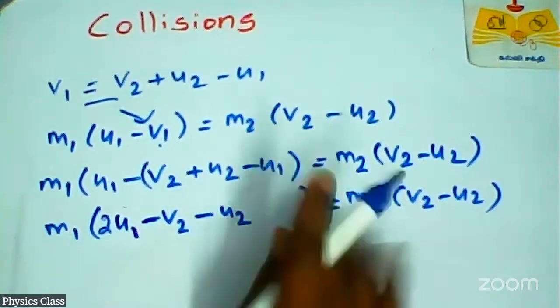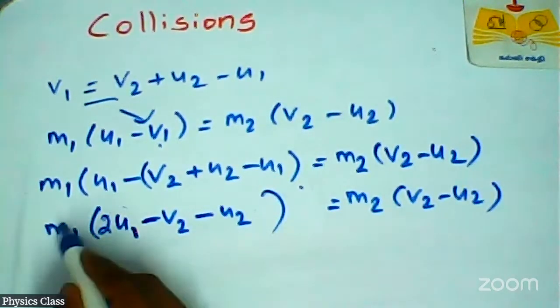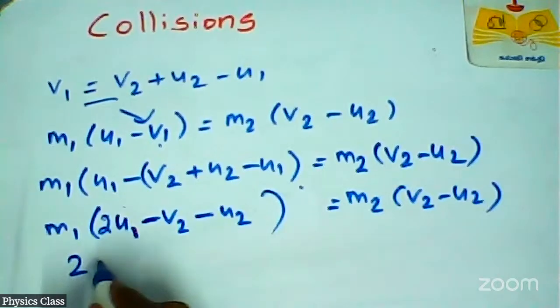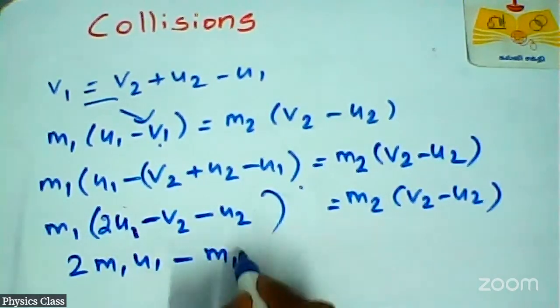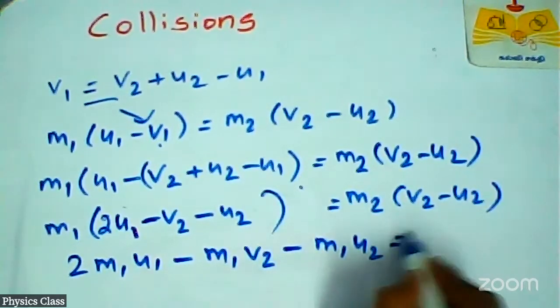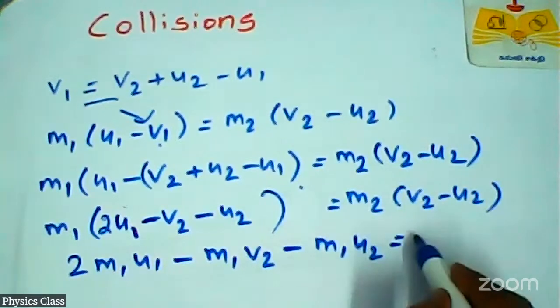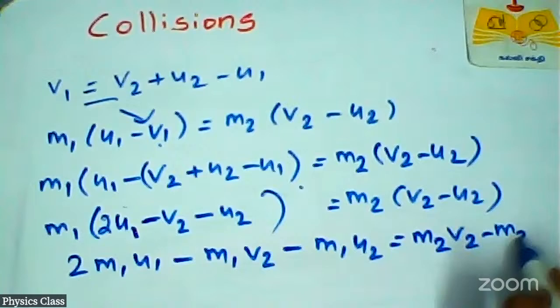So m1 times 2u1 minus v2 minus u2 equals m2 times v2 minus u2. We can multiply m1 here. So 2 m1 u1 minus m1 v2 minus m1 u2 equals m2 v2 minus m2 u2.